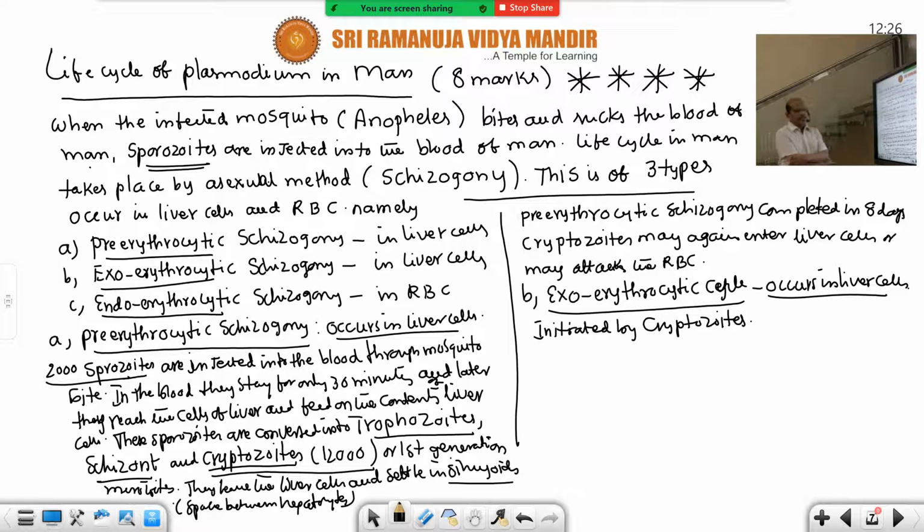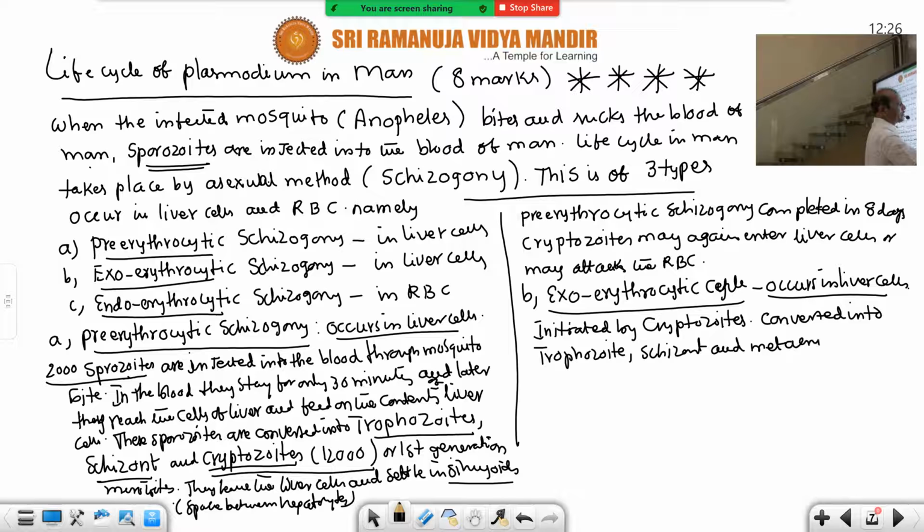This cycle is initiated by cryptozoites, which undergo development. They convert into the same stages as in the pre-erythrocytic cycle: trophozoite first stage, schizont second stage, and metacryptozoites third, final stage. Trophozoite and schizont are common to both pre-erythrocytic and exoerythrocytic cycles.